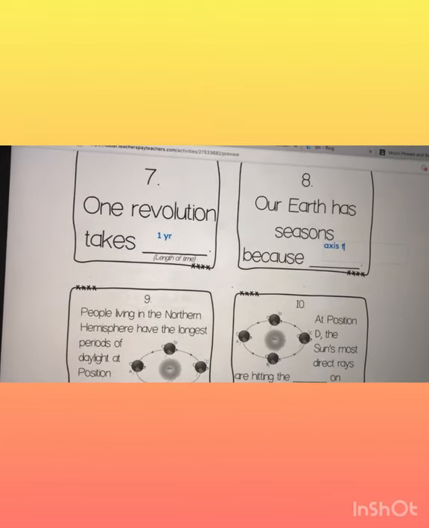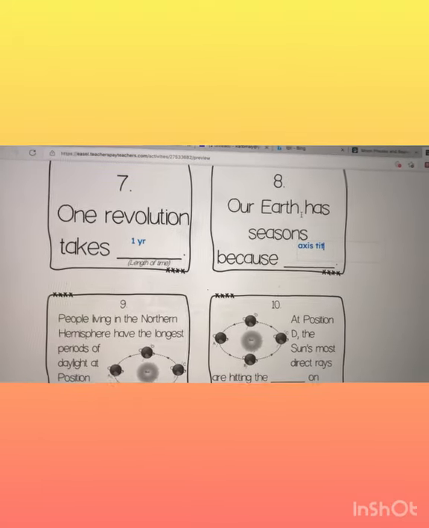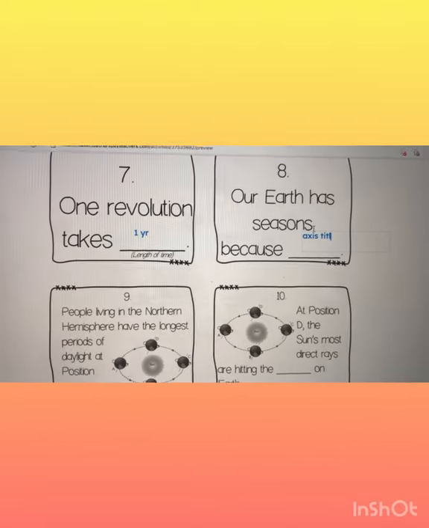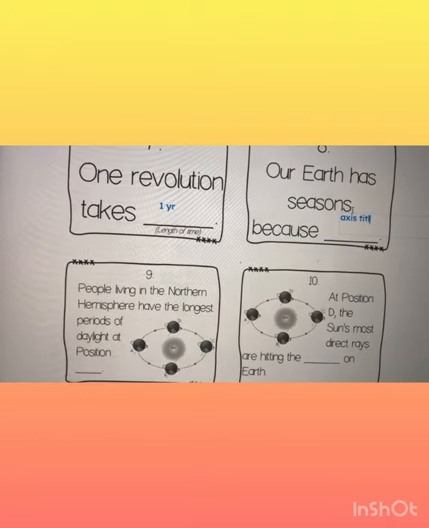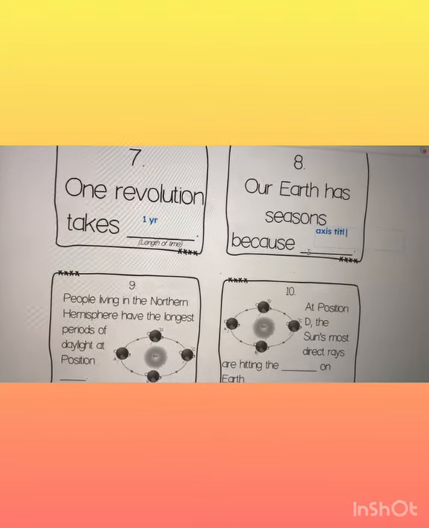What were you trying to respond with? There we go. Axis tilted. Is that what you're trying to get to? Yes, the axis is tilted. And what else? Can I get another response?